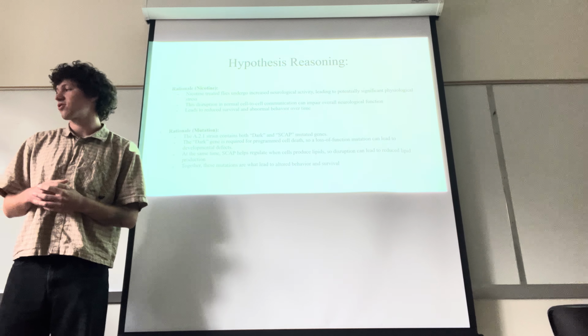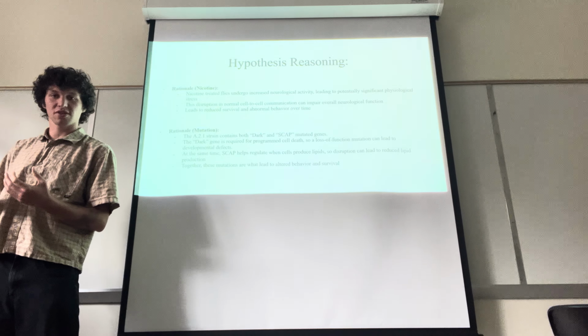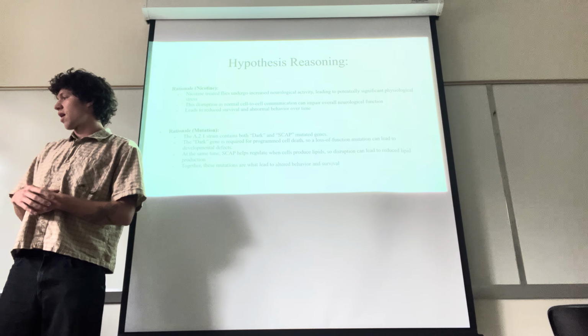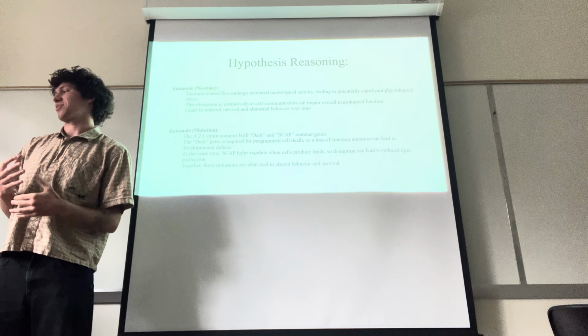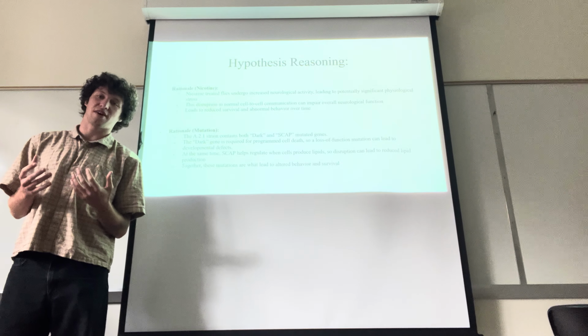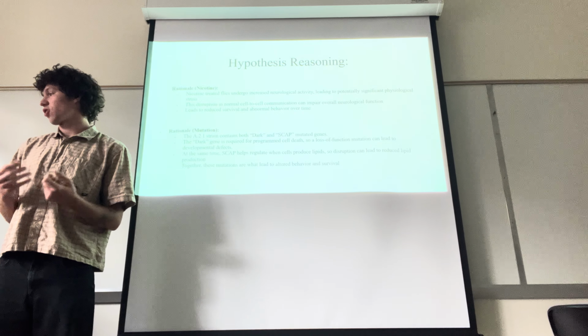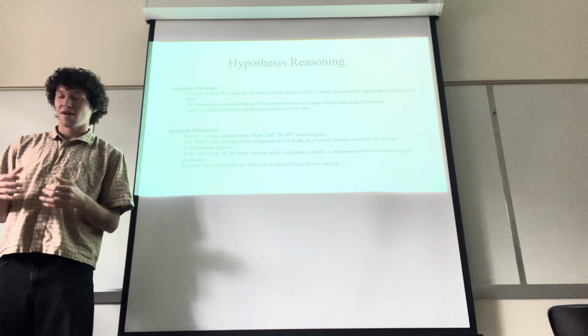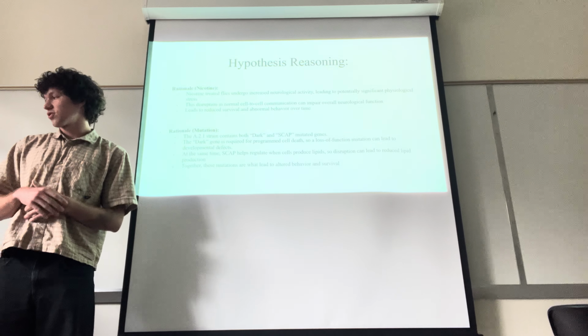As for the mutations themselves, the A21 strain contains both the DART and the SCAP mutated genes, as we've discussed, both of which have significant potential to influence behavior and survival of these flies. The DART gene is required for programmed cell death, so a loss of function mutation can lead to the developmental defects that we've discussed earlier. This in turn will most certainly affect their behavior and their survival.